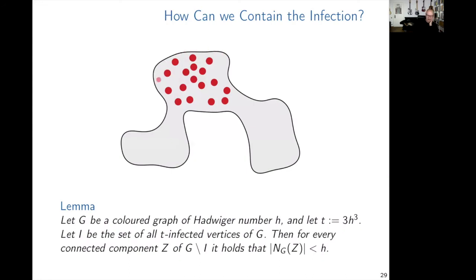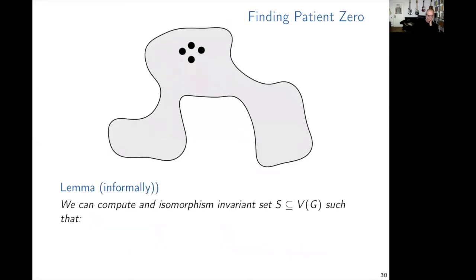Now we need the bounded degree structure on the bags. And to get this, we somehow must find a point where we can start the infection, from where we can move. And that's the main remaining thing we need to prove. We can compute an isomorphism invariant set.